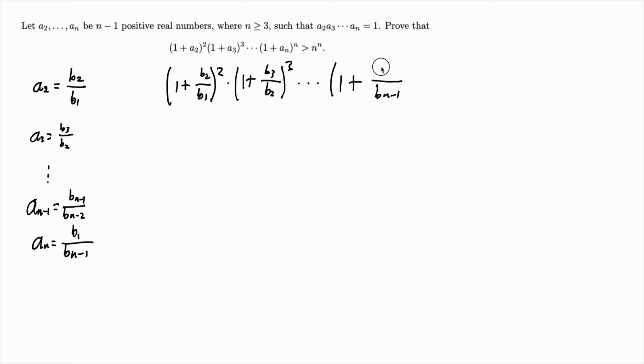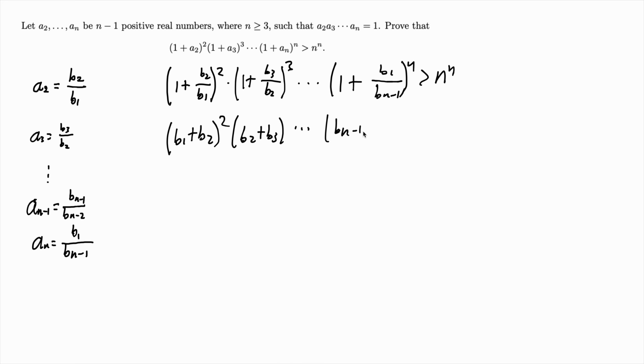So here, let's multiply by b sub 1 two times, b sub 2 three times, just to make our product look cleaner, dot dot dot until we have b sub n minus 1 plus b sub n.